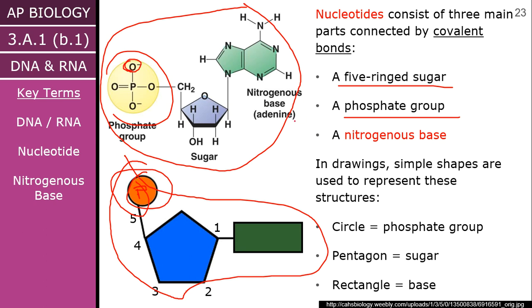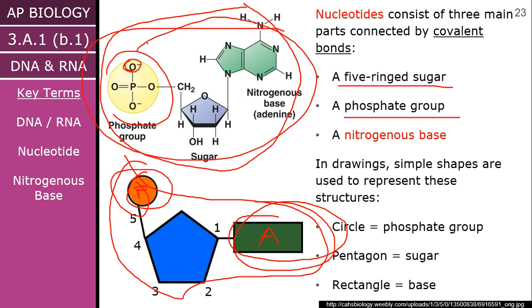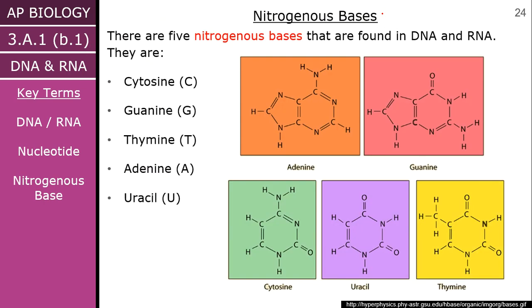And then there's a nitrogenous base. And usually the nitrogenous base is represented on the side like this. So in this case, because it's adenine, it would be an A. Okay, so these are like your standard shapes. This is pretty much what you'll always see, this simplified diagram of a nucleotide down here. I do not expect you to be able to draw this top diagram. It's too complicated, and it's not worth your time for AP Bio.